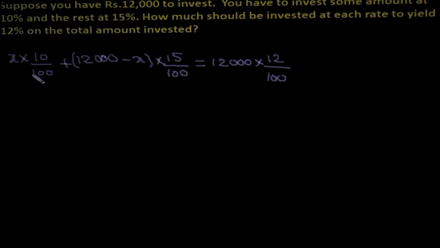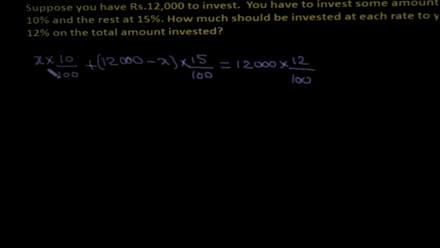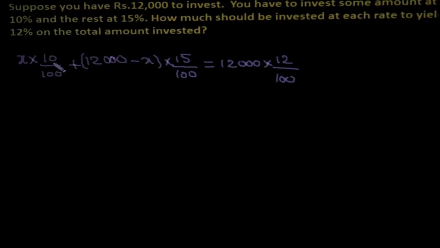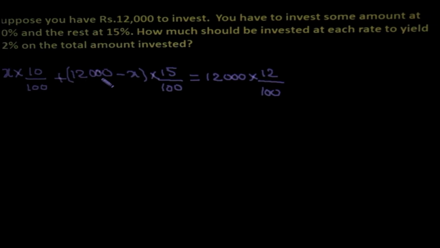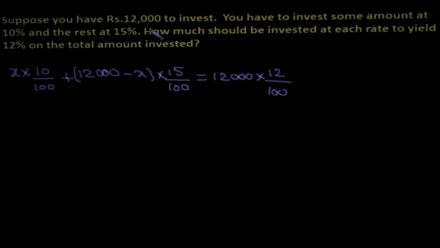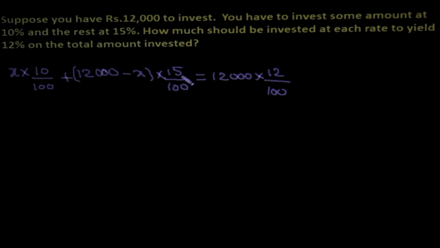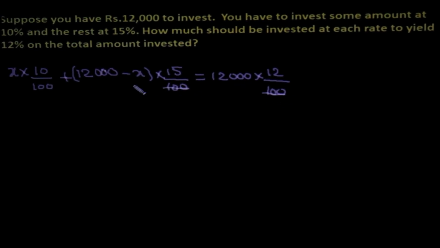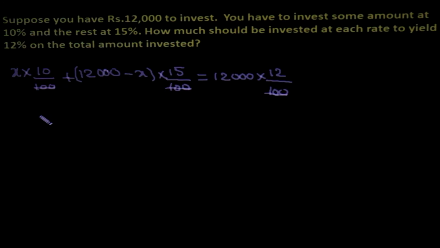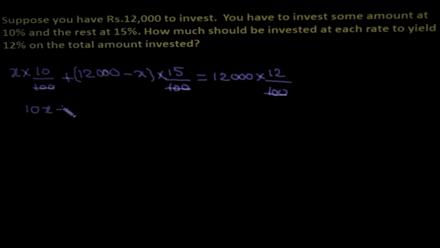This can be done in one variable, x into 10% plus the remaining. Total is 12,000. Therefore, 12,000 minus x into 15% is equal to 12% of the total. 12,000 into 12, with the 100s cancelled. 10 into x, 10x, plus 12,000 into 15.